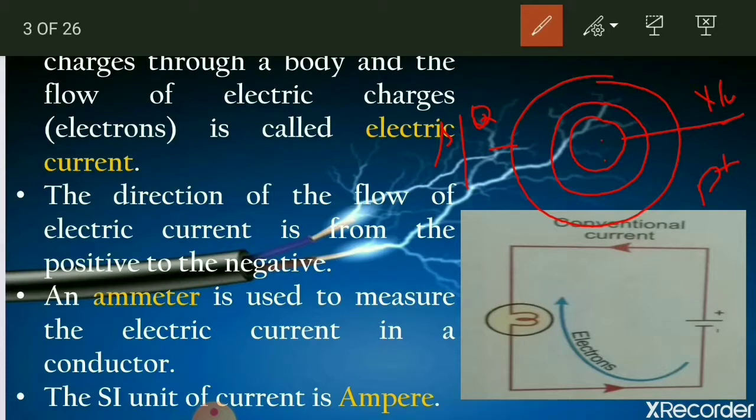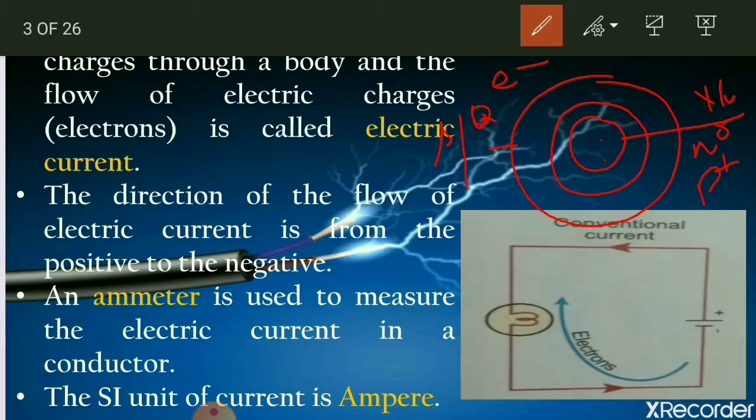Negatively charged particles are called electrons, they have negative charge. And some neutral particles are there, means they do not have positive charge or negative charge. These neutral particles are called neutrons, they have zero charge. Zero charge means neither positive nor negative.